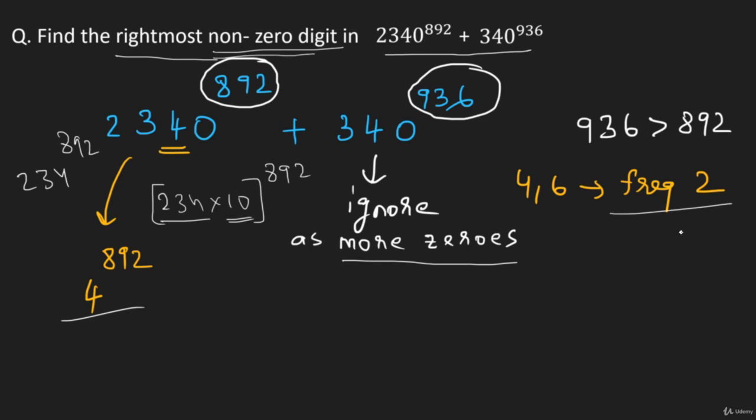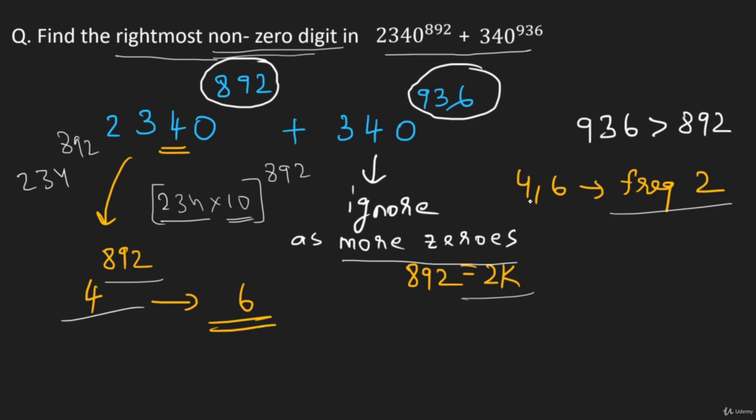So the frequency is 2. We need to write 892 either as 2k or 2k plus 1. We can see that 892 is divisible by 2, it's an even number. Therefore 892 is of the form 2k, and therefore I can say that the unit digit of 4 to the power 892 is equal to 6.